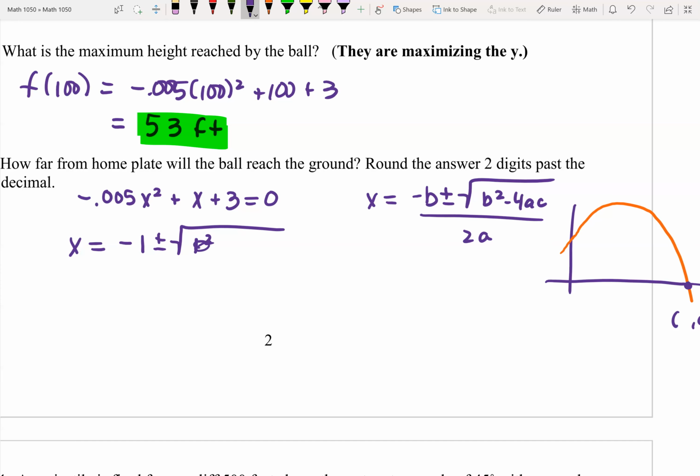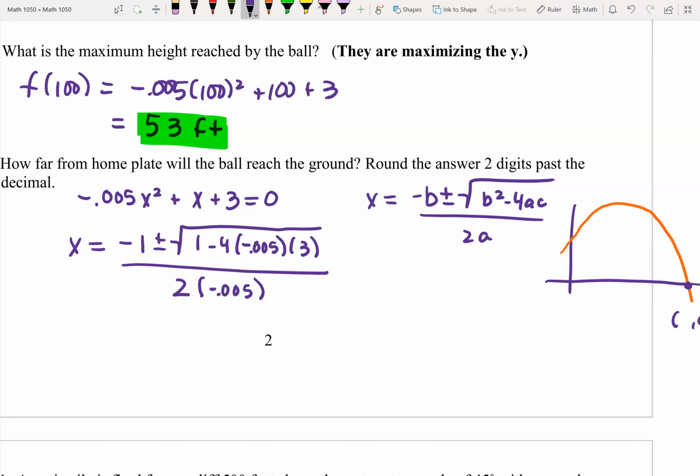So don't write that as 1 squared. Write it as what? 1. 1 squared is 1. Whatever that number is, it will always be positive because it was just squared. Okay? Minus 4 times a, which is negative 0.005, times c, which is 3. Make sure that square root is long enough. Okay? And then it's all over 2 times a, which is negative 0.005.